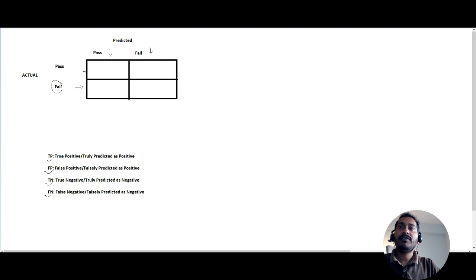Okay. If we talk about TN, T stands for true, and N for negative, so it means truly predicted as negative. Now we will deal with it in this way. See here, the very first coordinate, where actual says pass and predicted also says pass.